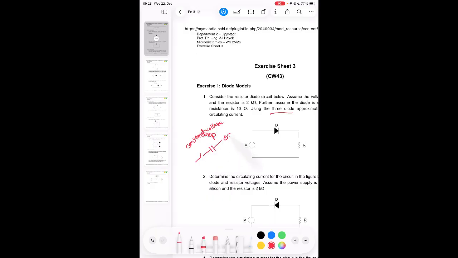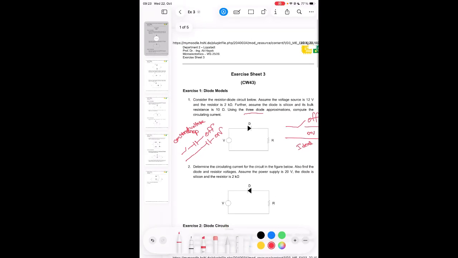So how big is this constant voltage? 0.7 volts for silicon, exactly. Be very careful in the exam. If it's silicon or germanium or something else, LED is going to be totally different. But in our case, we are working with silicon. That's why 0.7.